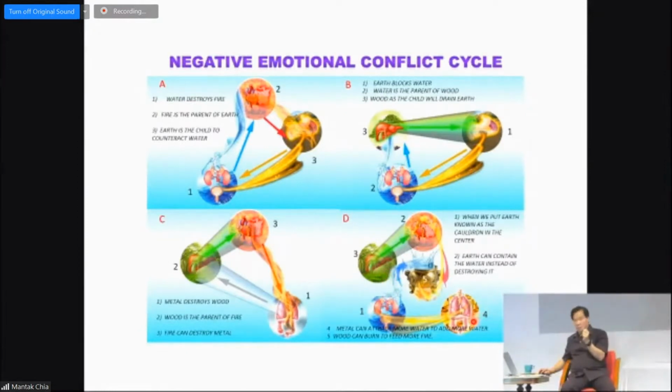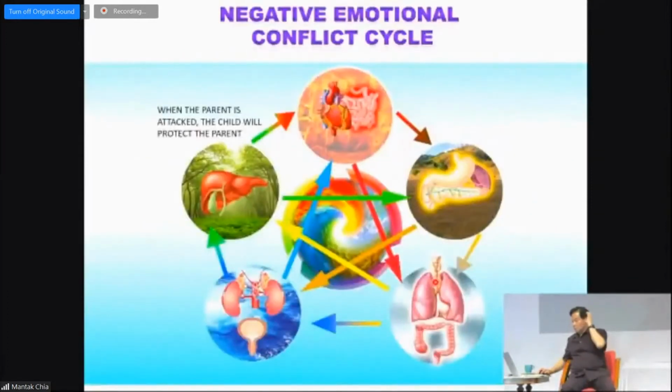So when the metal creates more water, we have an endless supply of more water. And the wood tries to burn like fire. So we dissolve the internal conflict.